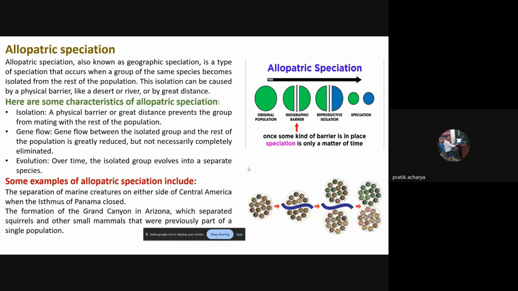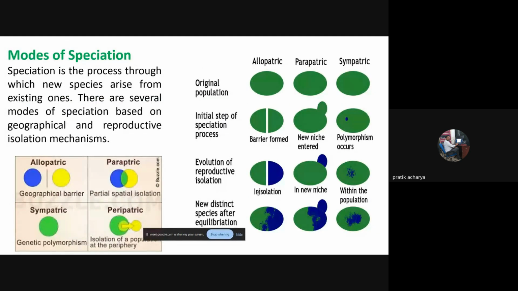So the basic step for this speciation is isolation. That means when a population gets separated, either geographically or reproductively, that is one of the important causes for this speciation. Genetic divergence is another cause.